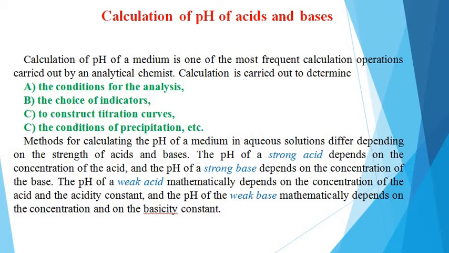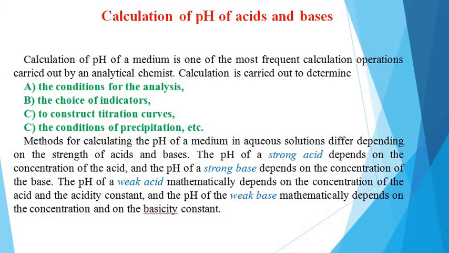methods for calculating the pH of a medium in aqueous solutions differ depending on the strength of acids and bases. The pH of a strong acid depends on the concentration of the acid, and the pH of a strong base depends on the concentration of the base.